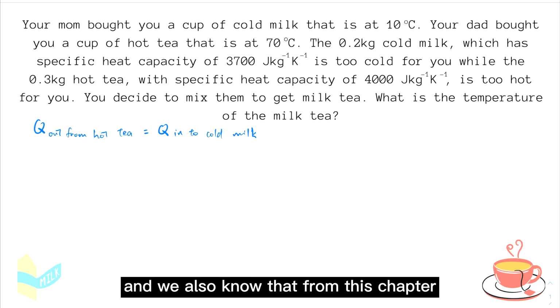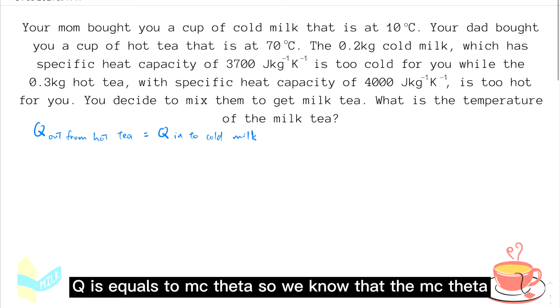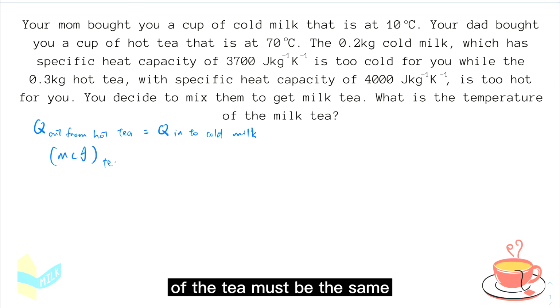And we also know that from this chapter, Q is equals to mc theta. So we know that the mc theta of the tea must be the same as the mc theta of the milk.